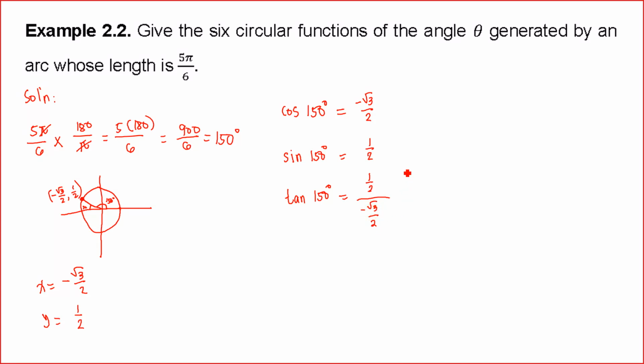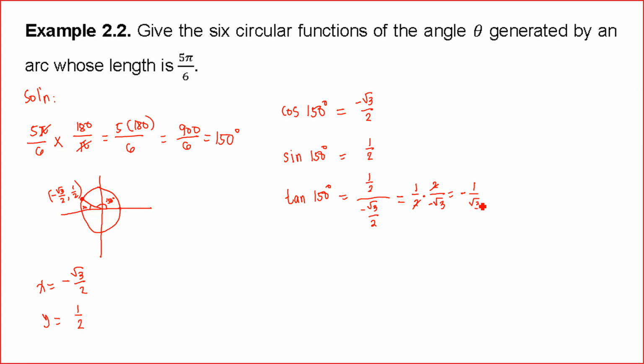In this case, we are going to multiply by the reciprocal of this one. So what we have is 1/2 times 2 over negative square root of 3. Divide out, and what we have here is negative 1 over square root of 3.